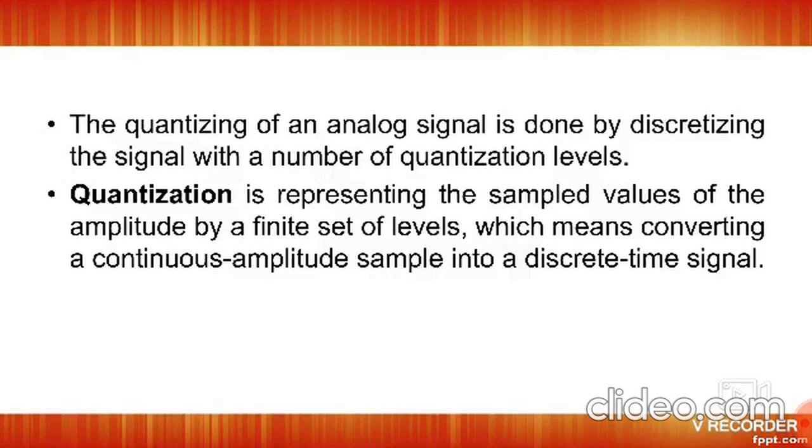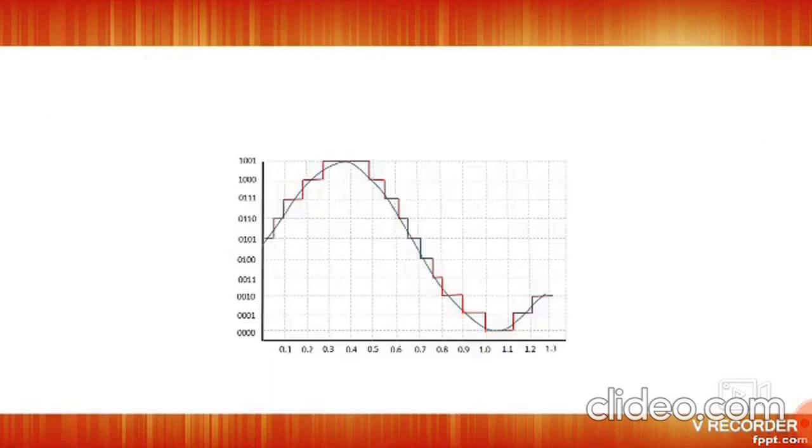Quantization of the analog signal is done by making the signal discrete in amplitude in different quantization levels. So quantization is representing the sampled value of the signal received as the input of the quantizer. After quantization, the amplitude is also considered as discrete values.